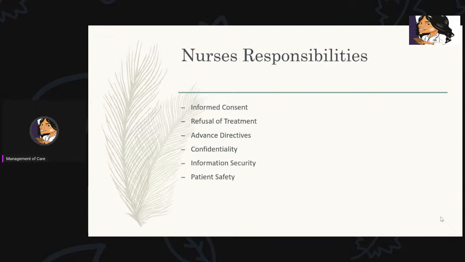We're supposed to take care of the patient. So don't allow a patient who is very confused, doesn't understand the procedure, to sign an informed consent. Now, once the patient signs the informed consent, we can witness it. But ask yourself, are you going to actually sign an informed consent if the patient has no idea what the procedure is about? So just make sure that you guys understand informed consent.